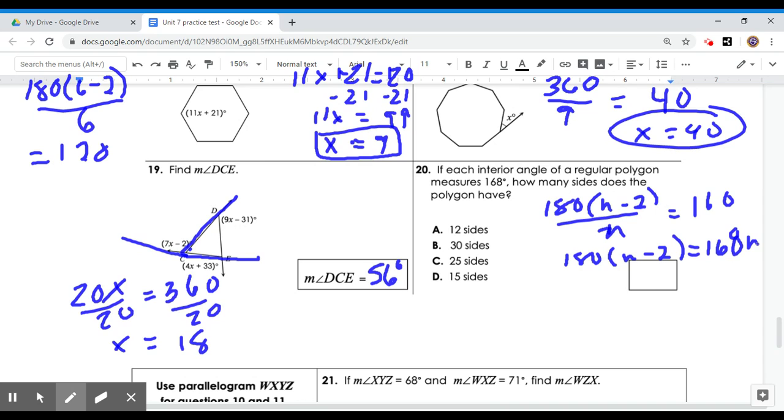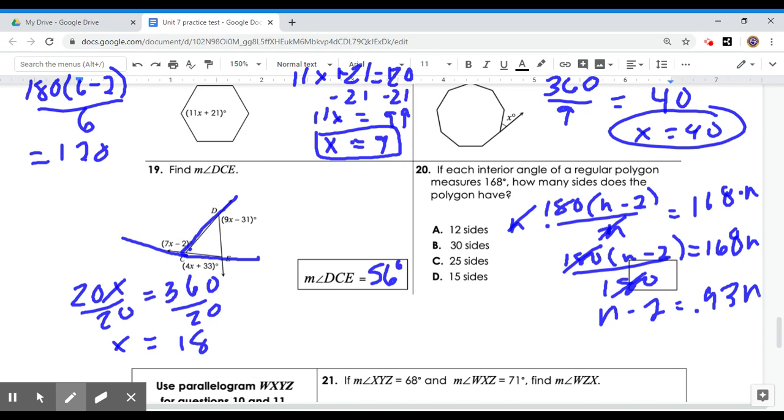168n. So we multiplied by n on both sides. Then let's divide by 180. So 168 divided by 180. Then we have n minus 2 equals 0.93n.